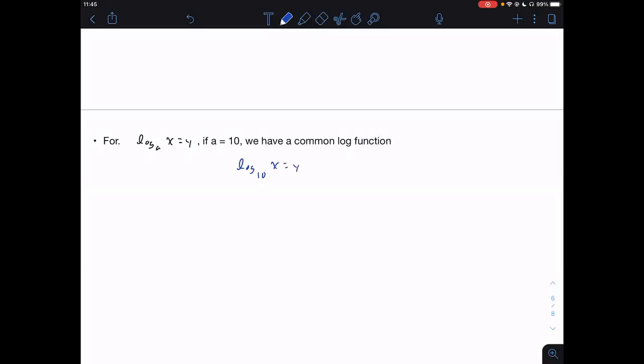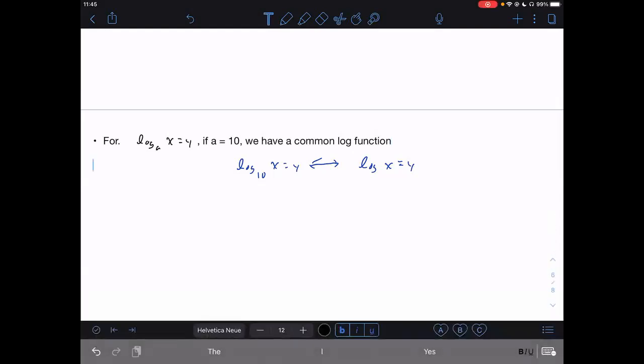Usually when we have a common log function, we can just write this as log x equals y. If the base is blank, we assume that the base is 10, the common base. So log base 10 is known as a common log function.